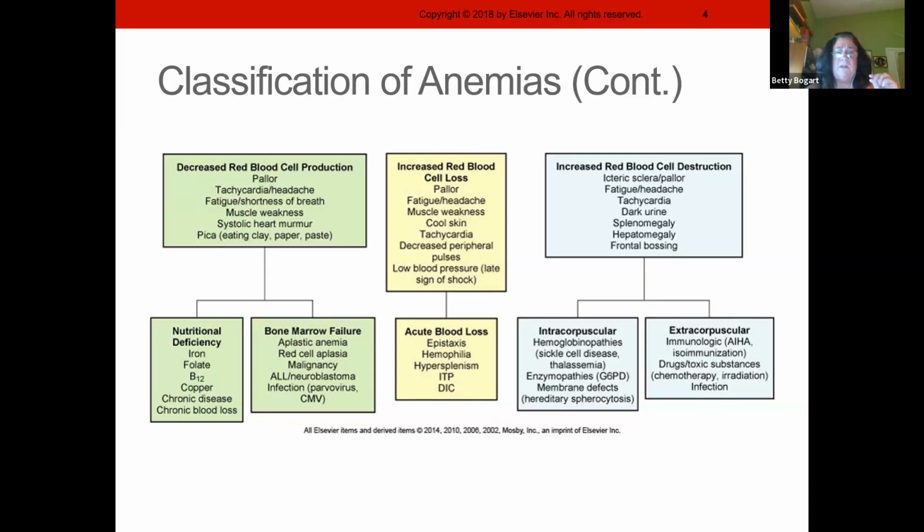Now, decreased blood cell production can occur in something called bone marrow failure. That means the bone marrow is not giving us enough of the red blood cells and hemoglobin that we need. The number one cause of that is aplastic anemia.